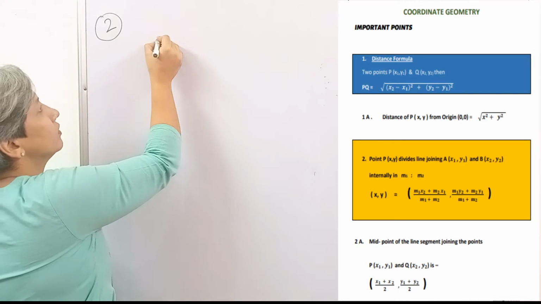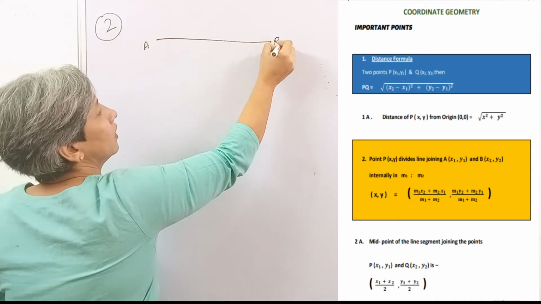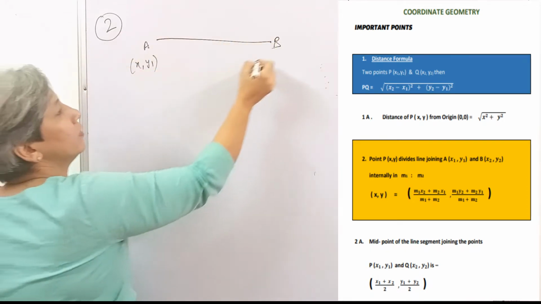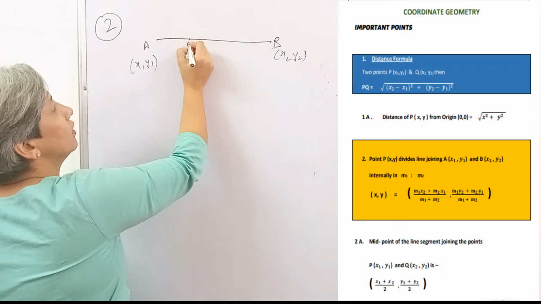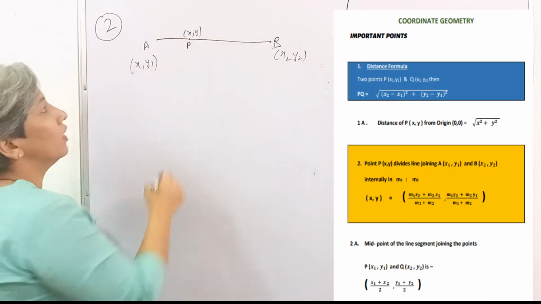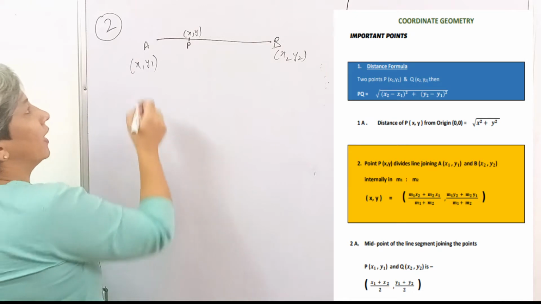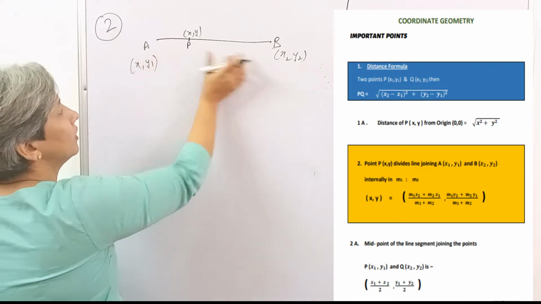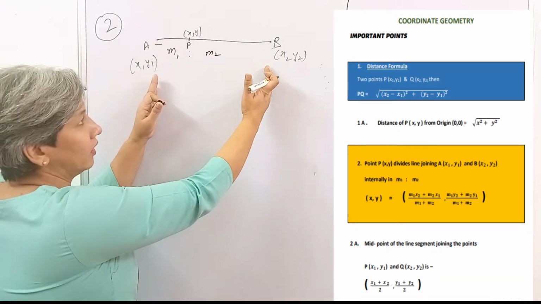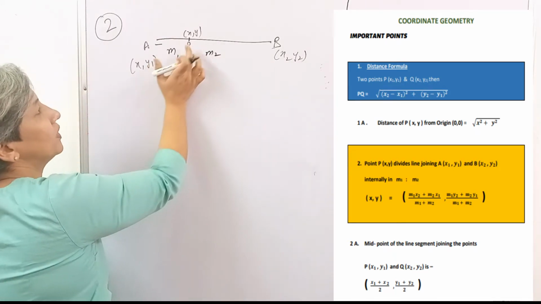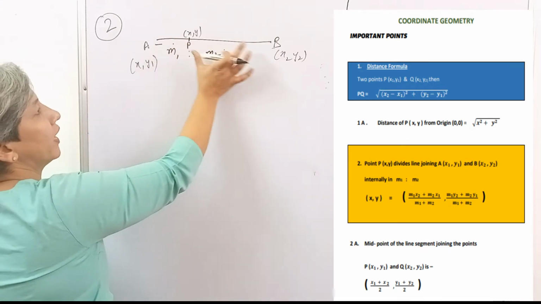Basically it is saying that if there's a line with A and B as its endpoints, A is (x1, y1), and B is (x2, y2), and there's a point P with (x, y) coordinates, and this P, since we can see it is dividing AB into two sections, and if the distance of AP and PB is in the ratio of m1 is to m2, say like suppose AB is 10, AP is 2, P is dividing AB into 2 and 8 part sections with 2 unit and 8 unit distance.